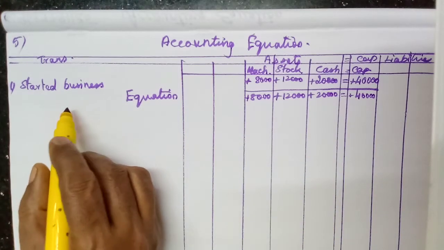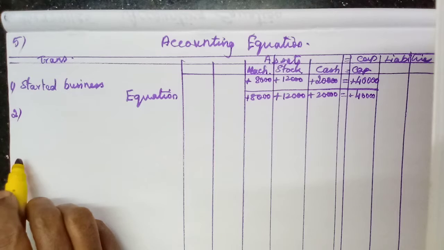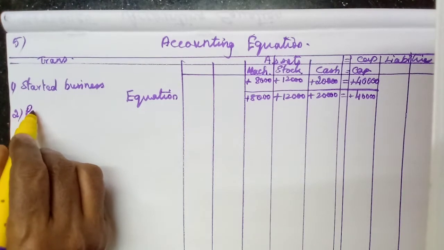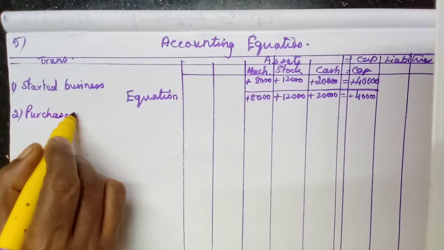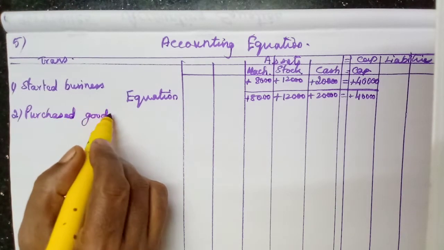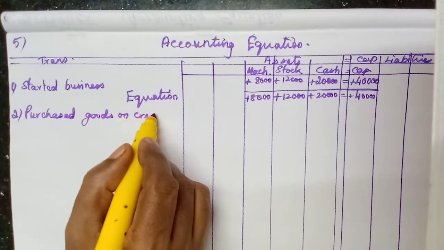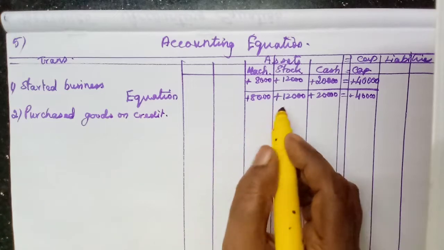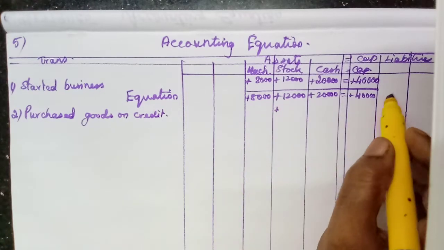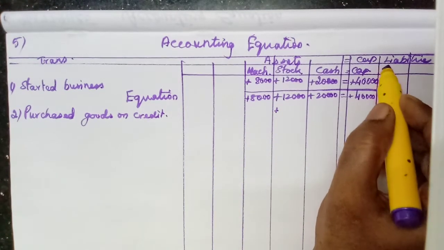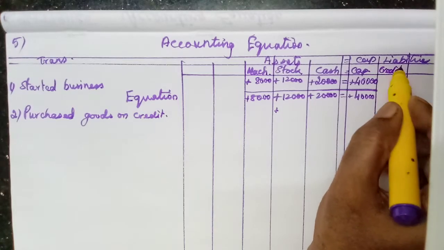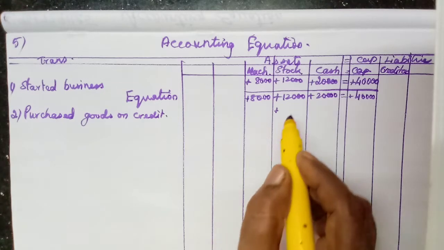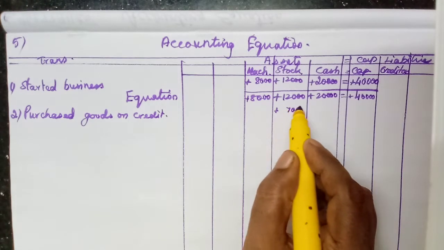Then second transaction, purchased goods from Ramani on credit. You can write purchased goods on credit, because we never write the name of that person. Creditors only we will write, isn't it? Purchased goods, it will increase the stock, and it will increase the liability. They are called the creditors. So, how much are we purchasing? 7,000.